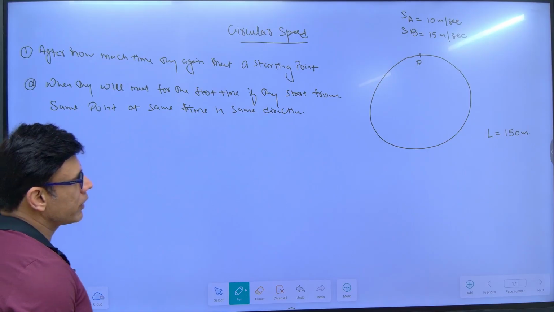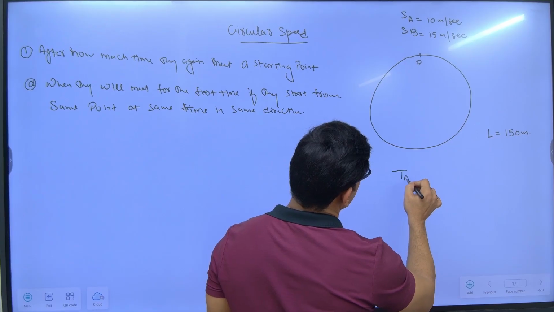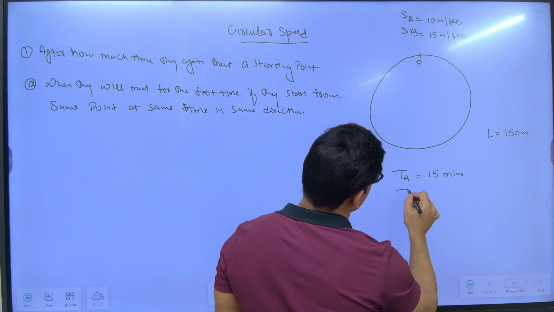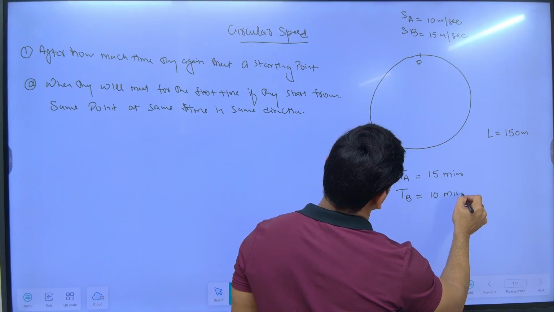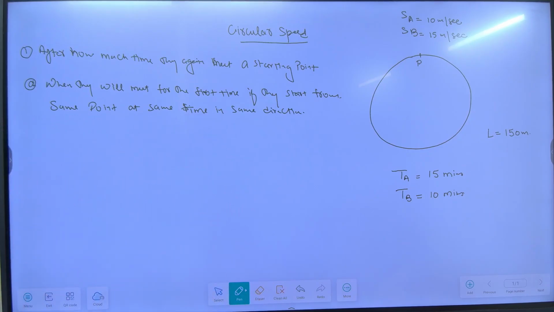So you can also find out the time taken by A and the time taken by B to make one complete round. So time taken by A is what now? 15 minutes. And time taken by B is what? 10 minutes, right? Here, you just have to keep it with you.